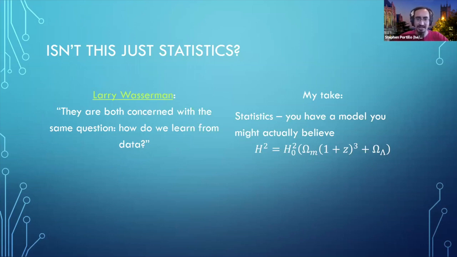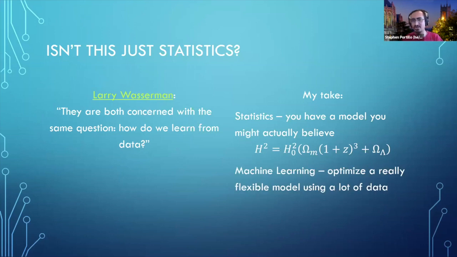The two numbers I need to know are the Hubble constant and how much matter and dark energy there is in the universe. From that, I can calculate the expansion history, and then from that, I can calculate the redshift and distances of all these supernovae. And so maybe I should actually be fitting for these cosmological parameters that actually correspond to physics.